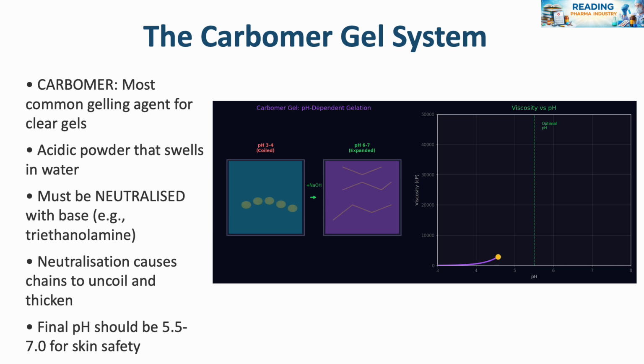One of the common kinds of thickening agents is carbomer. So it's a carbomer gel system. It's an acidic polymer, and that means it will swell when the pH is raised. You really need to generate some charges on the surface, and the way you do this is by changing the pH.